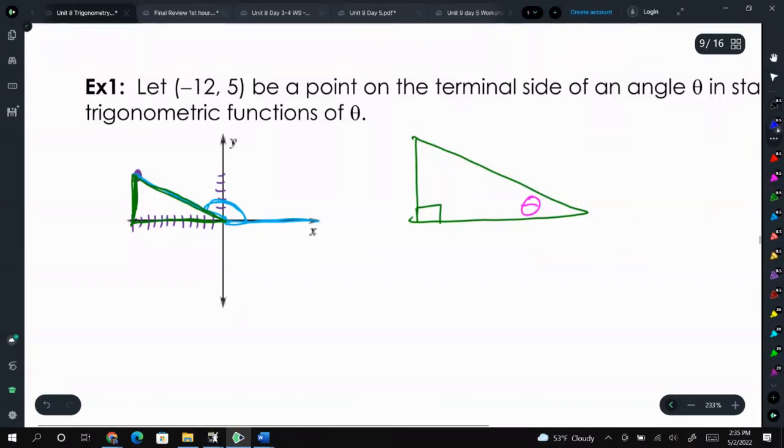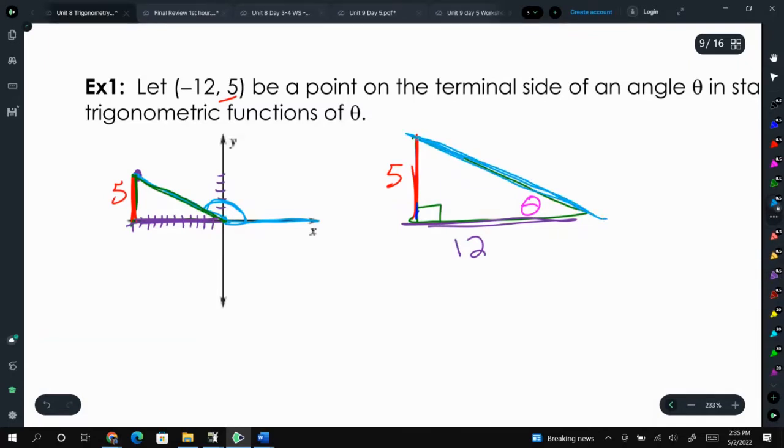We know that this side right here is how far we are from the x-axis, my up and down distance. So this was 5, the y-coordinate. And then we have this distance right here, which is 12. And then we're going to have to use the Pythagorean Theorem to find this distance.